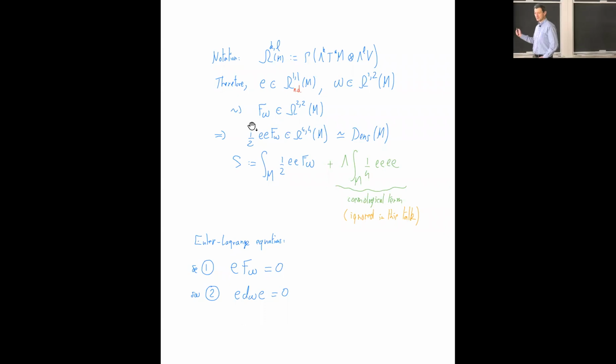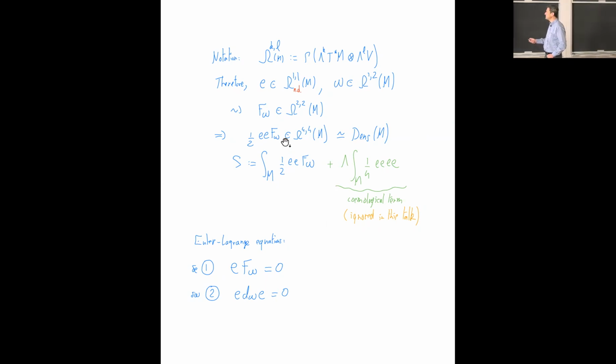You don't need orientation here. Of course, if you have an orientation, it's a bit easier, but intrinsically this works without orientation. Another thing you can do is the fourth power of E, because this is also a 4-4 form, also a density, and this is the cosmological term, which I will not discuss because I have to be very quick.